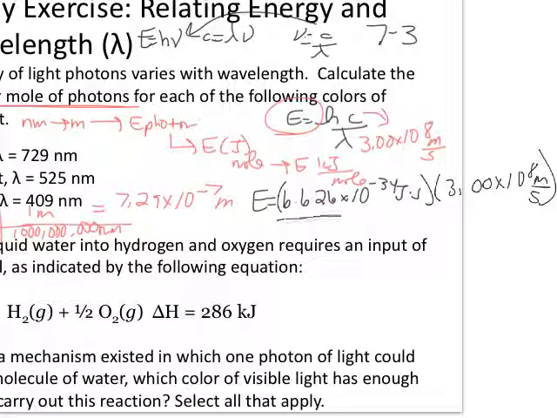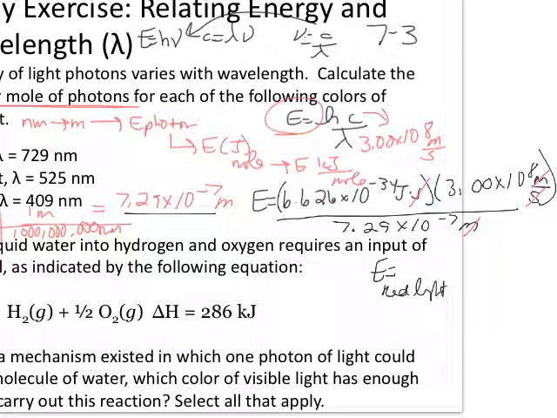And then we're going to divide this by the wavelength here, 7.29 times 10 to the negative 7 meters. We're going to make sure that our units cancel out, meters and seconds, and we're left with joules, which is correct for energy. And this ends up being, for red light, 2.73 times 10 to the negative 19 joules.